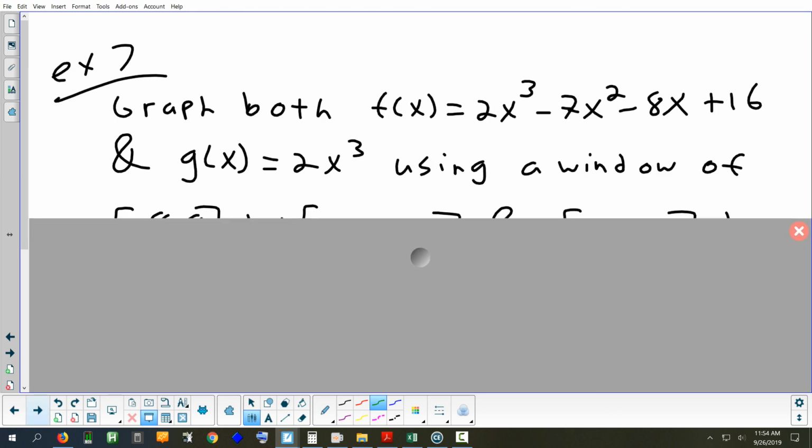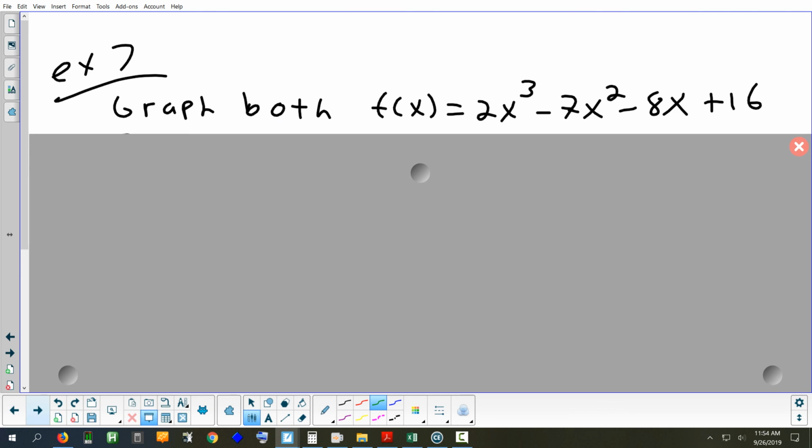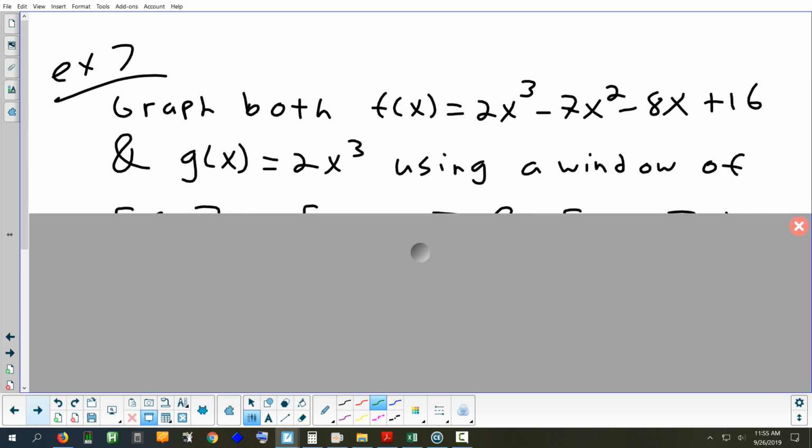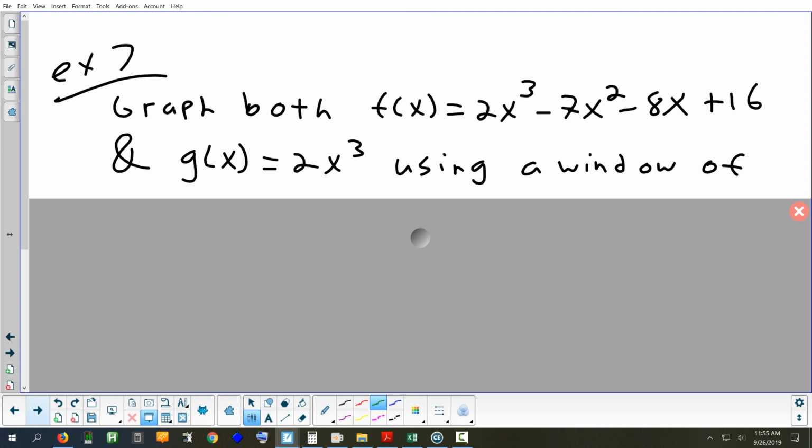Okay, so let's start with that. Can somebody tell me what my end behavior model would be? It would be 2x cubed. So let's graph both of them, because the end behavior model should look kind of like the other one. The EBM won't have all the detail, all the twists and turns, but the big picture will look exactly the same.